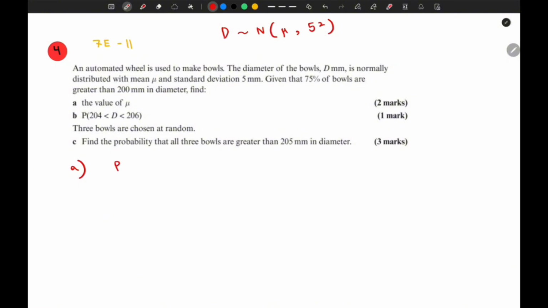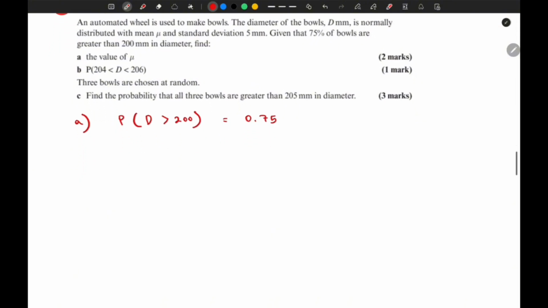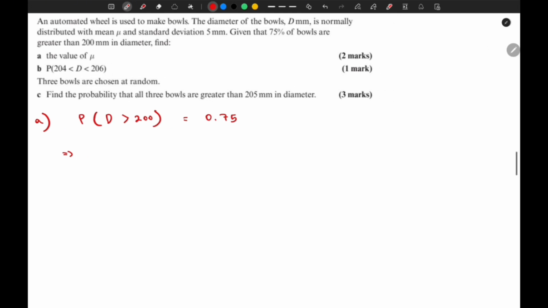So we know that the probability for the diameter to be greater than 200 millimeters is equal to 75% or 0.75. So now since this is a greater than sign, we need to convert this to a less than sign using this formula. I'll write down the formula.